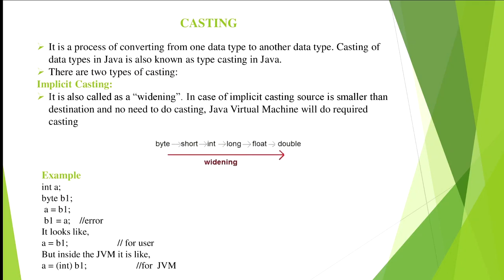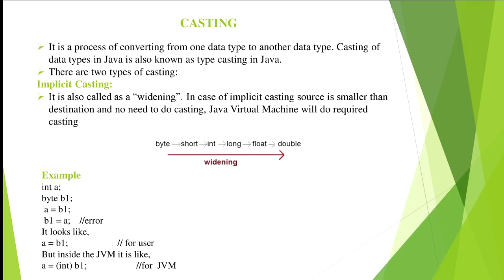Here I take one example. I take two different variables, a and b1, a of the type integer and b1 of the type byte. And now I write just a = b1. What does it mean? It means the value of b1 will be assigned to the variable a. What is the data type of b1? Byte. And what is the data type of a?